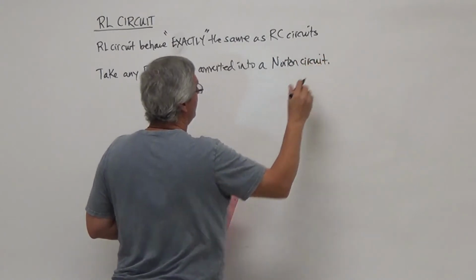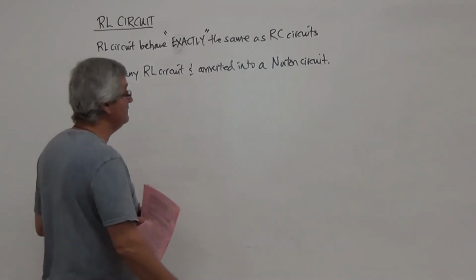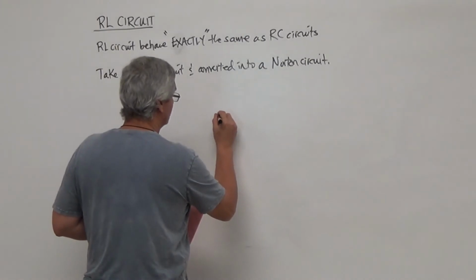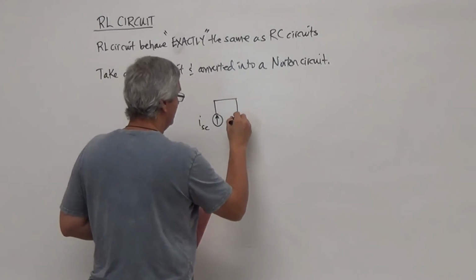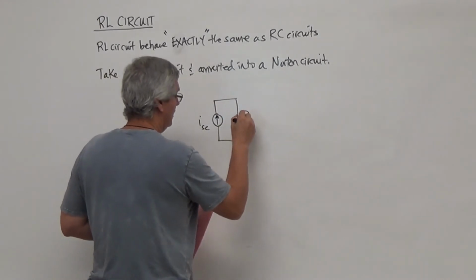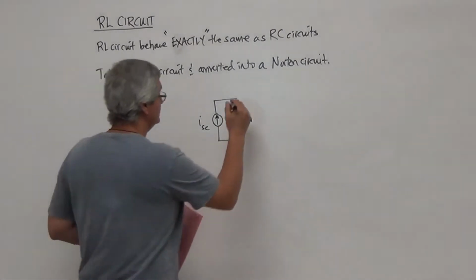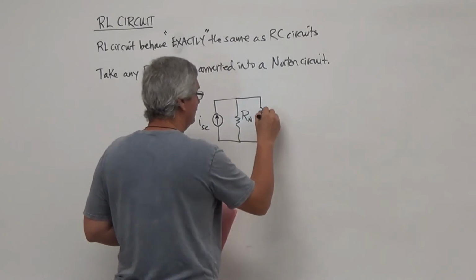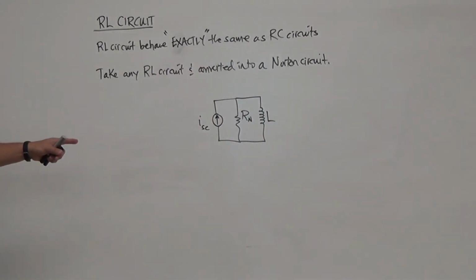Regardless of how complicated the RL circuit is, we're always going to be dealing with the Norton circuit. So what does the Norton circuit have? It has a current source, which is I short circuit. I'll have a resistor in parallel. And remember, the Norton resistance is the same as the Thevenin resistance, and then I'm going to have my inductor like this.